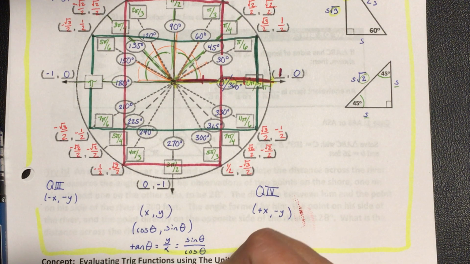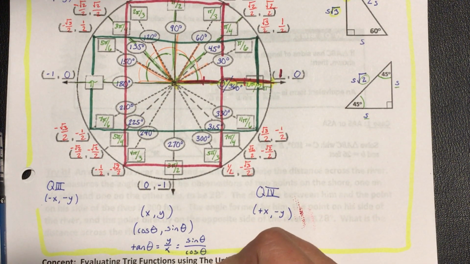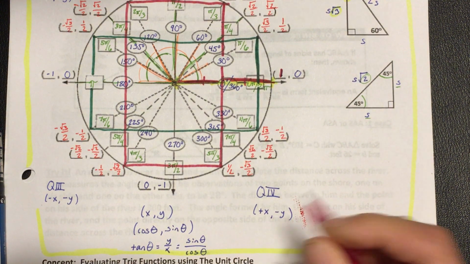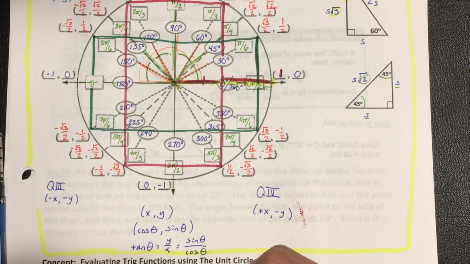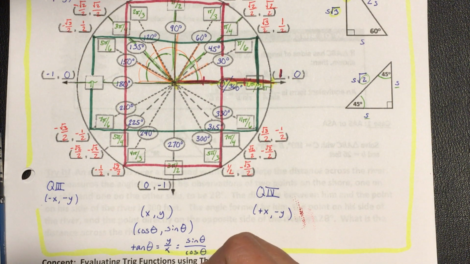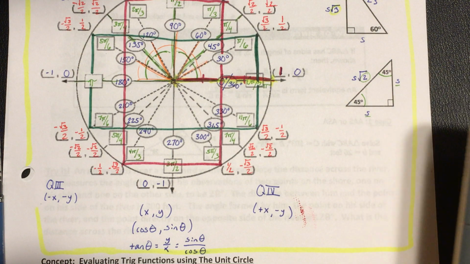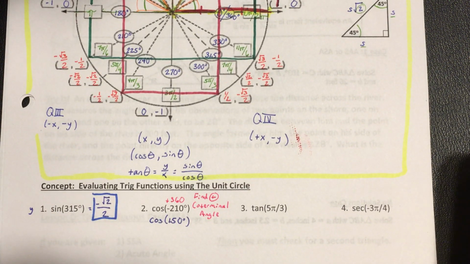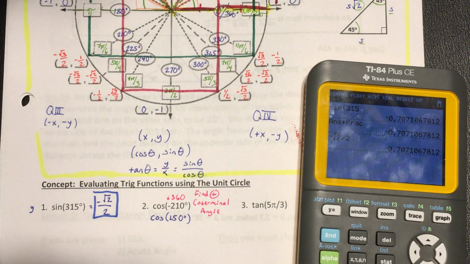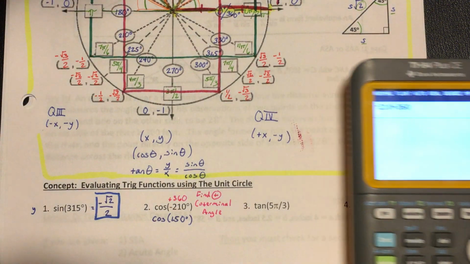So I would just put a note by this one that yes, you can visualize it, or you can find the positive coterminal angle, and we can do that by simply adding 360. We add one full rotation around the unit circle, and that will take us to that positive amount. So negative 210 plus 360 gives us the 150 degrees.